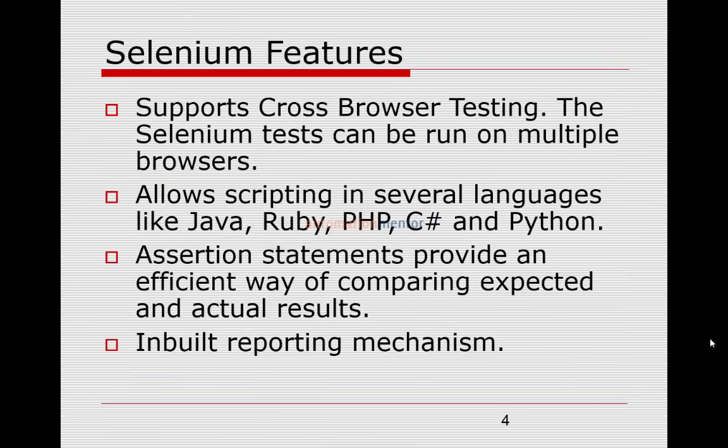When it comes to the features of Selenium, we have support for cross-browser testing. That means it can support the execution of our test script, developed in various browsers, simultaneously.